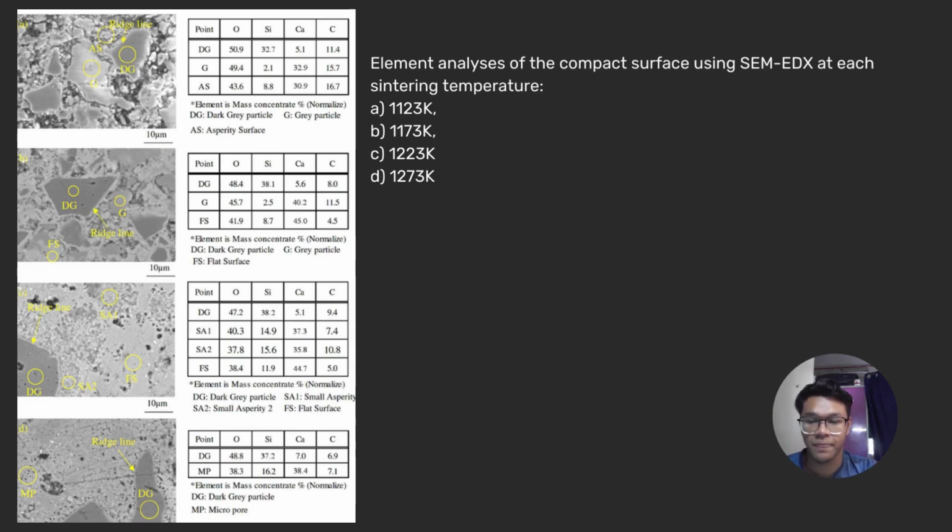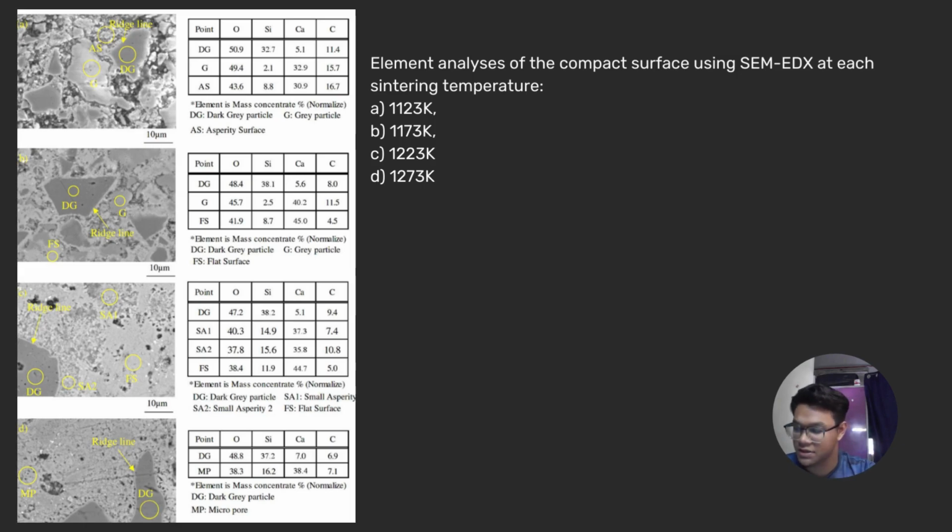When we increase the temperature, small asperity 2 and small asperity 1 are formed in our sample, and the gray particle disappears.